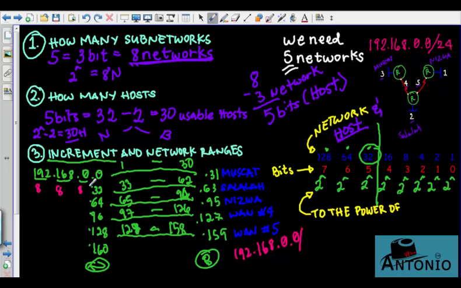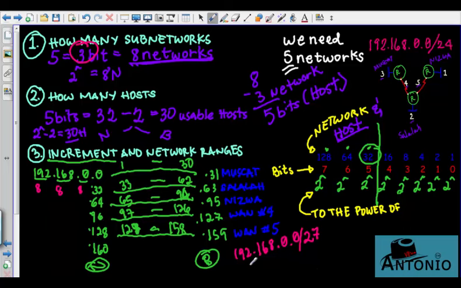Remember, we have borrowed 3 bits from the 4th octet. So 24 plus 3 bits, 25, 26, 27. So the new subnet mask would be slash 27.